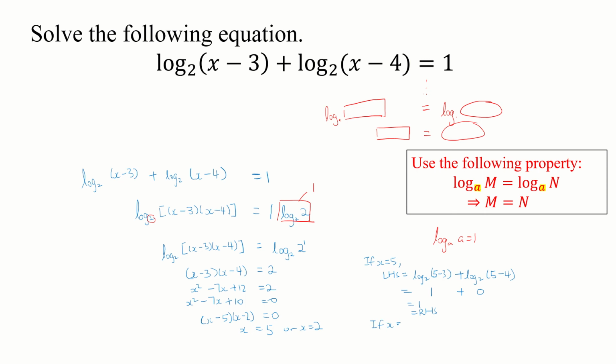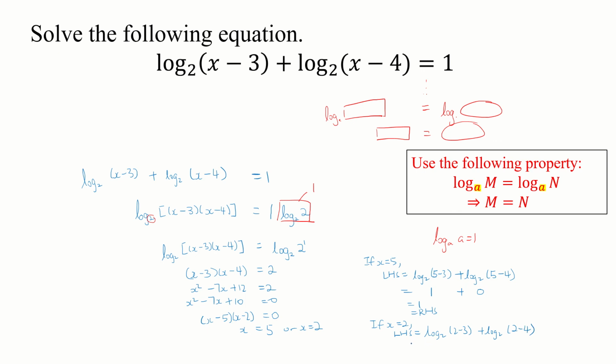If x equals 2, the next one, then our left hand side would be log base 2 of 2 minus 3. This is the problem already, because 2 minus 3 is negative 1, it's undefined. So actually I know there's something wrong already. This one also is a problem. So it's undefined.